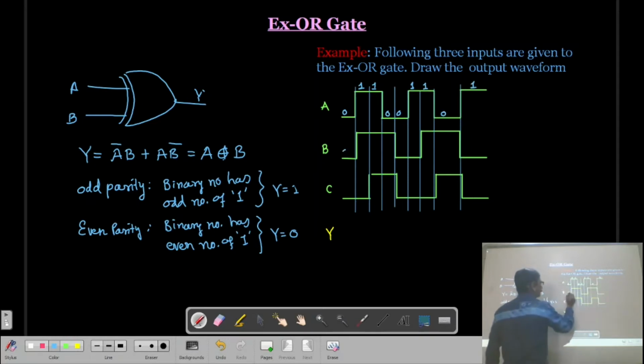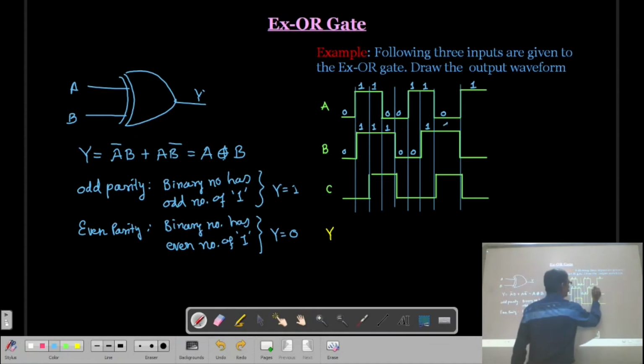B is 0, 1, 1, again 1, 0, 0, 1, 0, it is 1 and 0. And here C we have 0, 0, 1, 1, 0, 0, 0. This is 1 and 0.